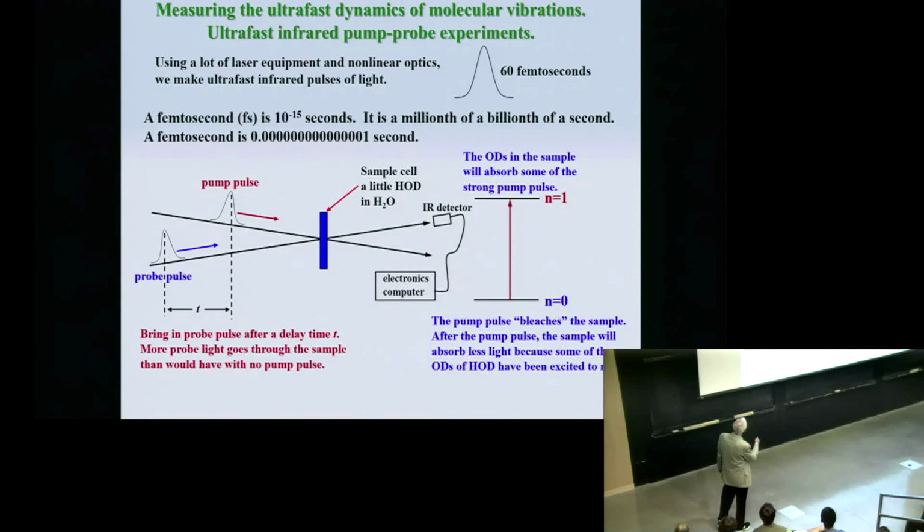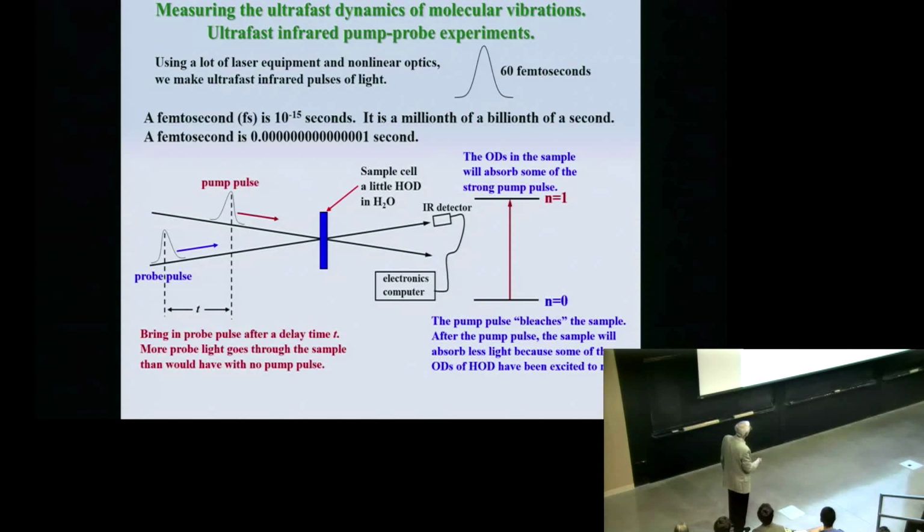If I didn't have the pump, then a lot of the probe would be absorbed and I'd get some signal. But when I put the pump in first, it puts these molecules in the excited state, so less of the probe is absorbed. We can change this time and do experiments related to how much of the probe is absorbed depending on time, and I'll get back to it later, and polarization after you've put in this pump pulse.